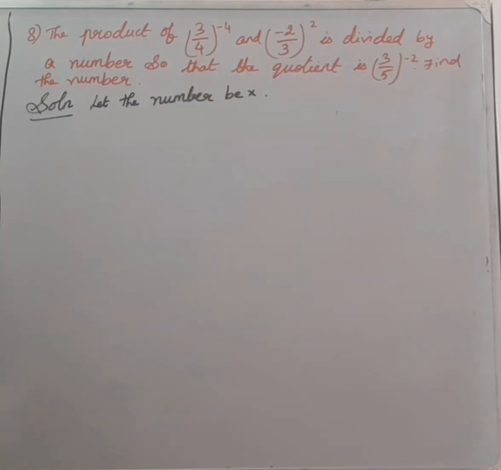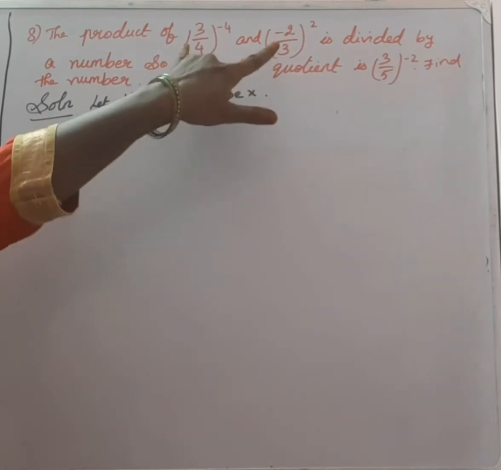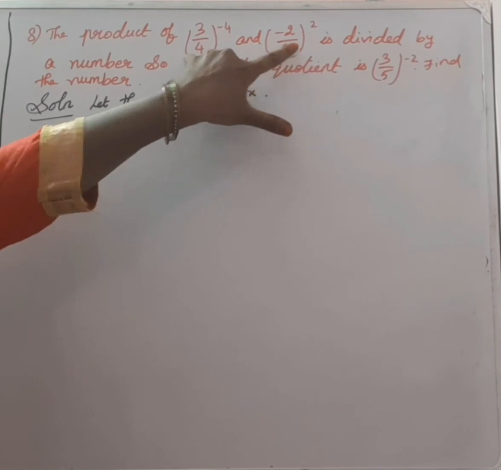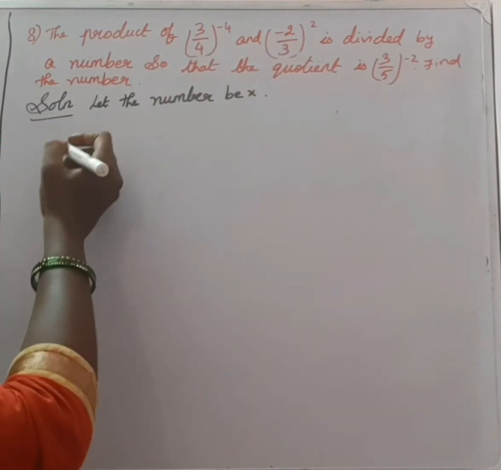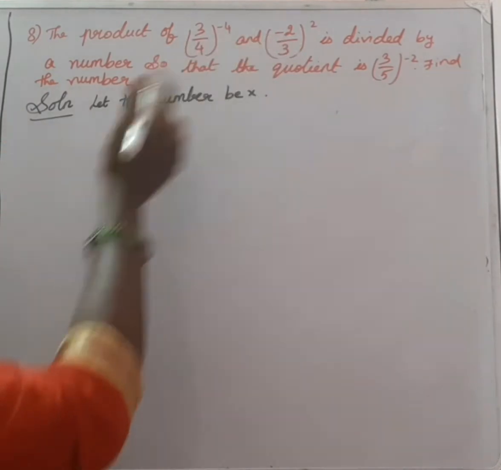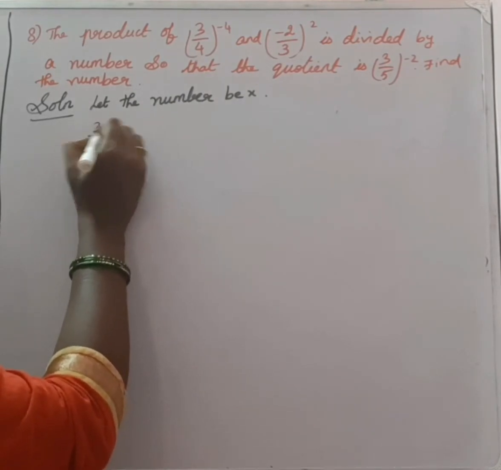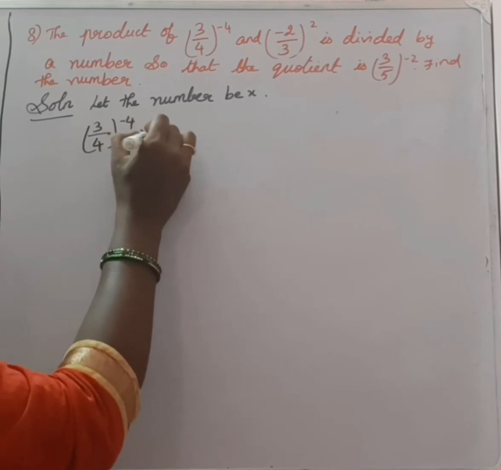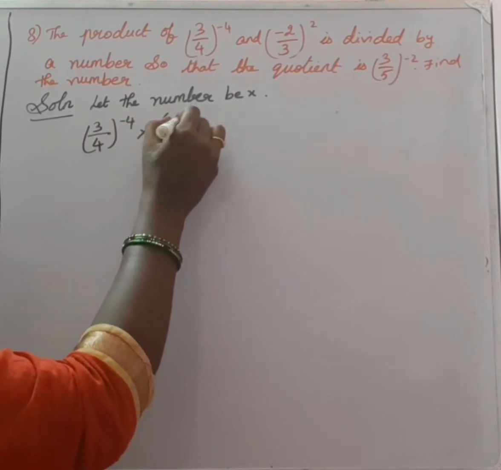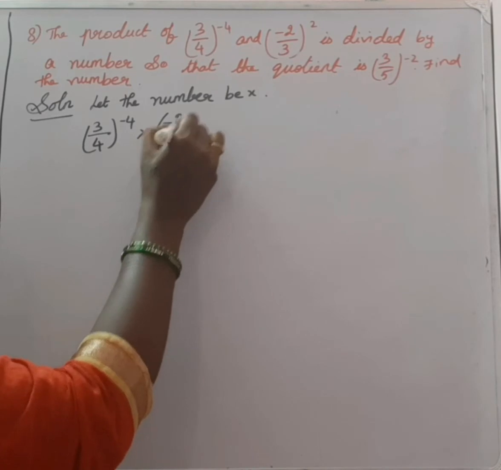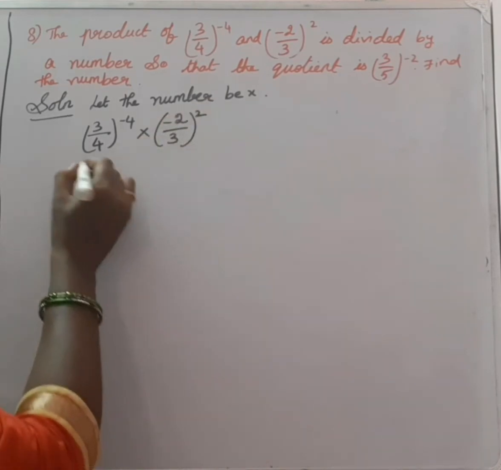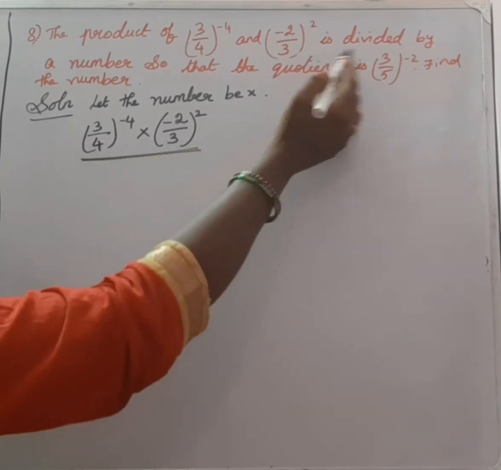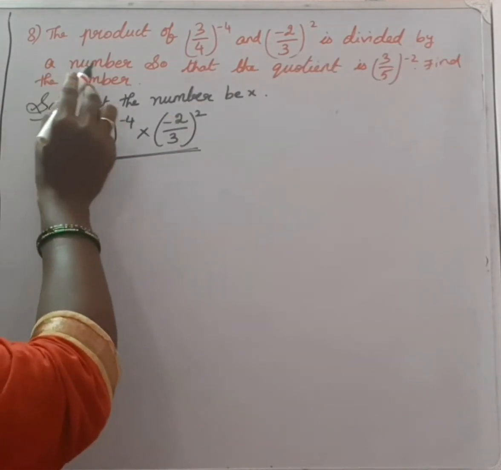Then what are they given? The first two are rational numbers, that is, exponents. So the product of these two exponents, that means (3/4) the whole power minus 4, into (minus 2/3) the whole power 2, is divided by a number.